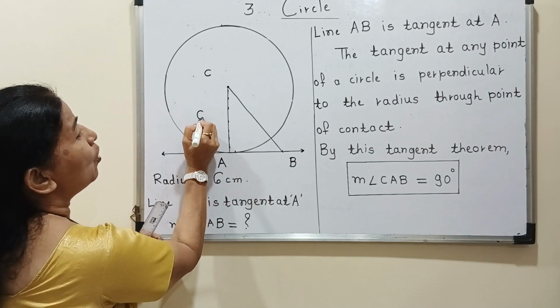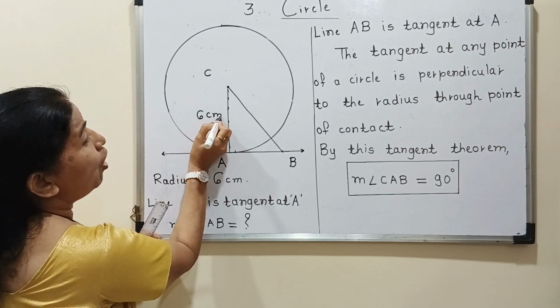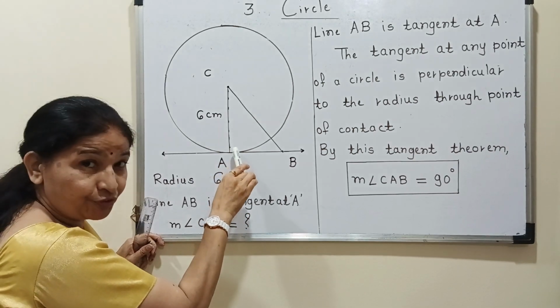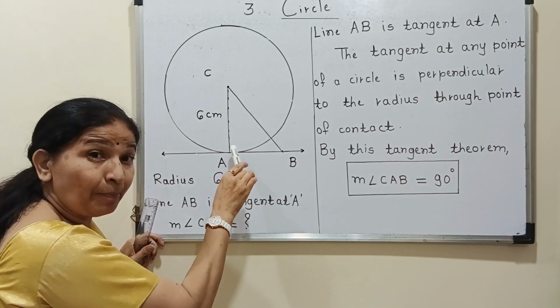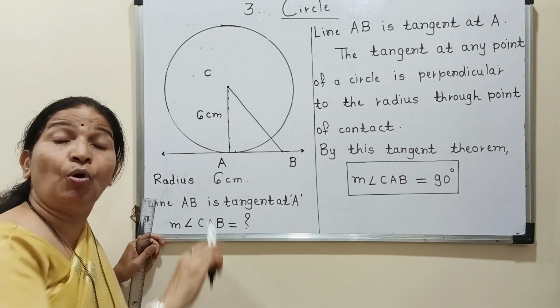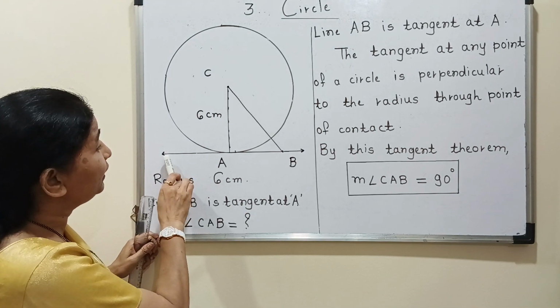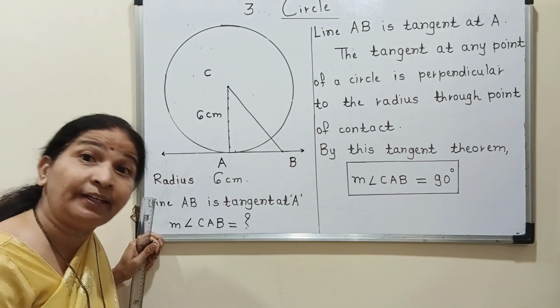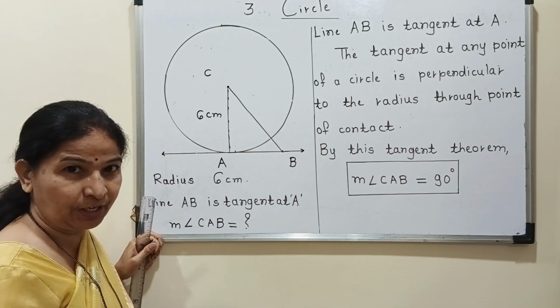Okay. So, now they want to find out this angle CAB. They had provided you information that this AB is a tangent. Okay.